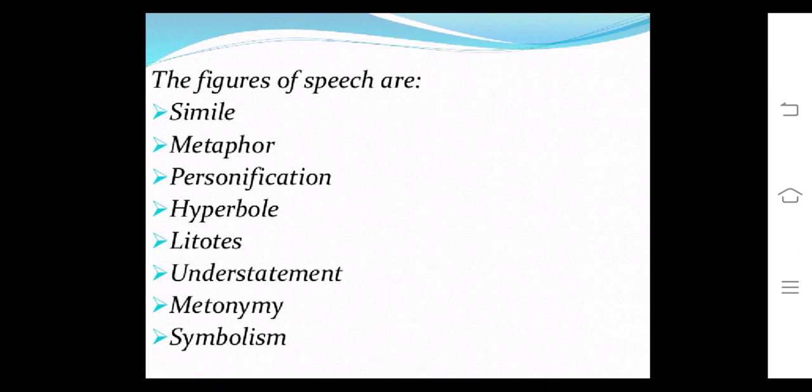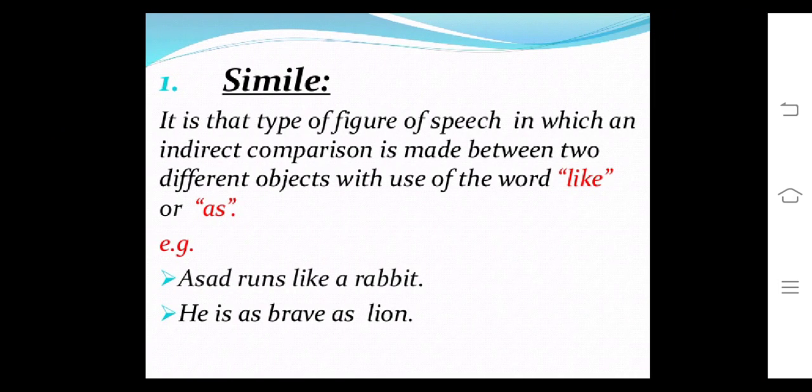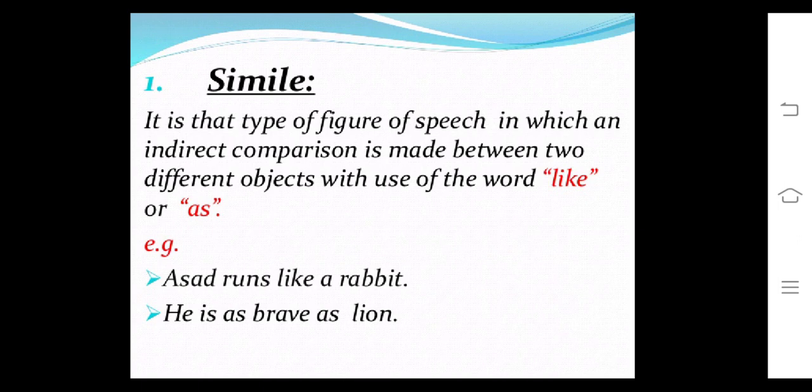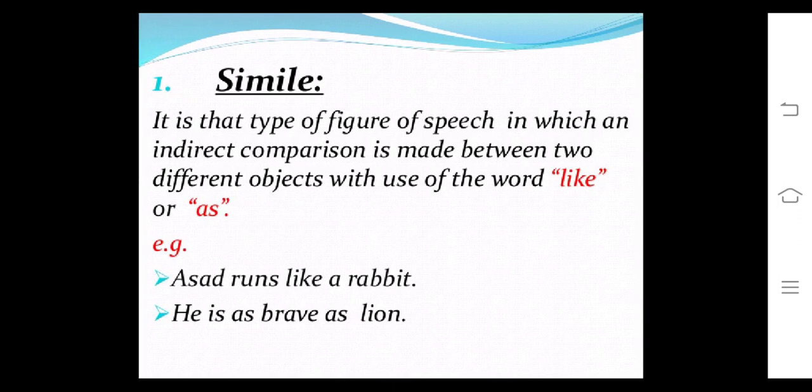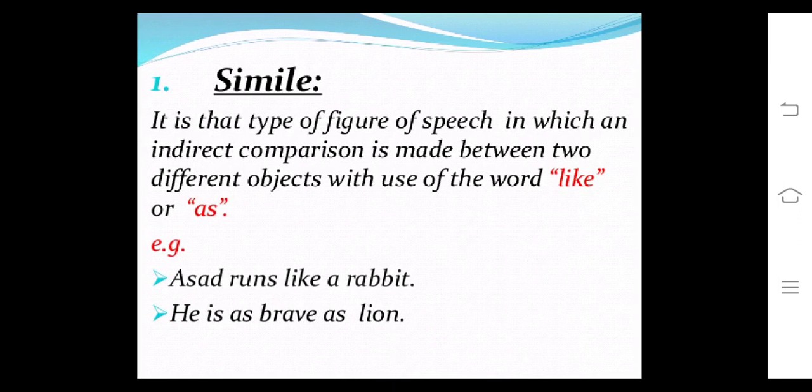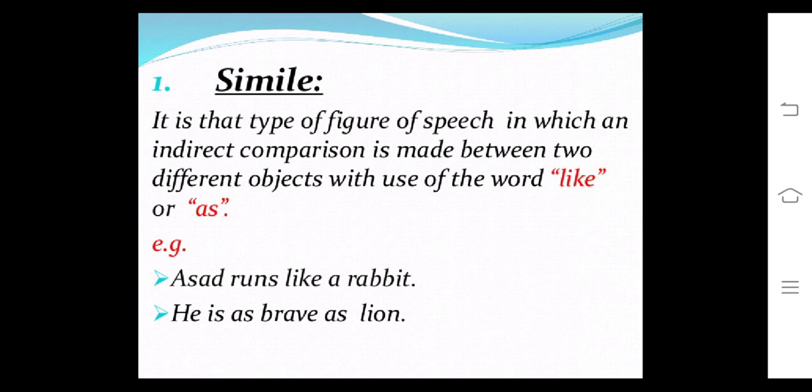First we have a look at simile. It's not smile, it's simile. What is simile? Simile is a type of figure of speech in which an indirect comparison is made between two different objects with the use of the word like or as.